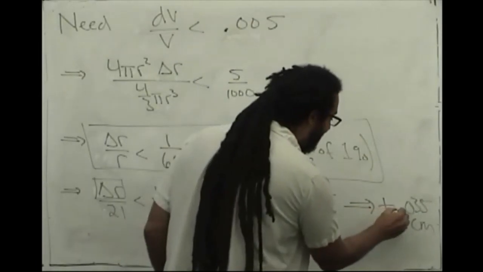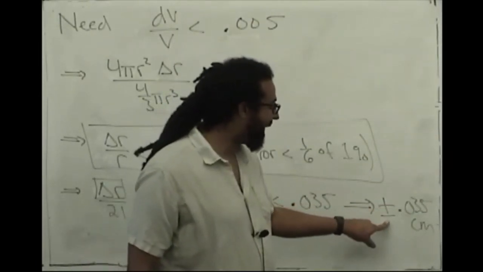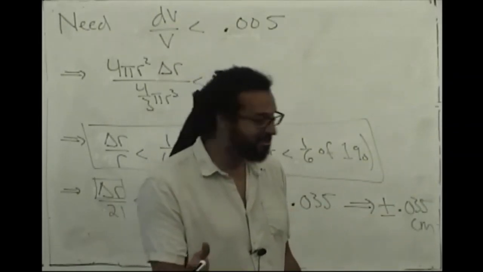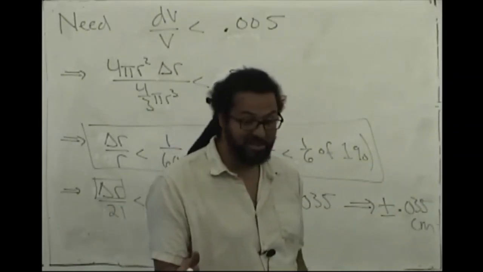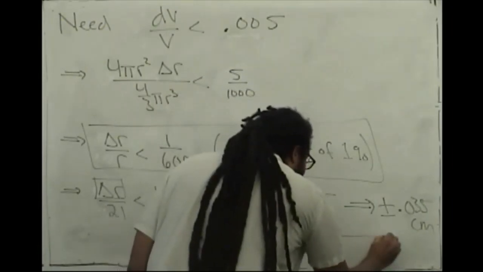So for the accuracy of the measuring instrument, I'm allowed to be a little bit more than 0.035 or a little bit less than. So that's the window, if you like.